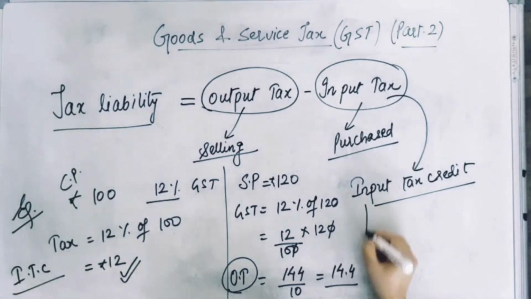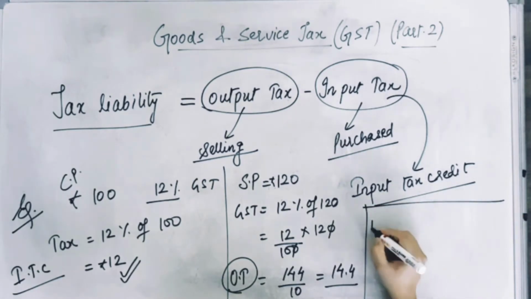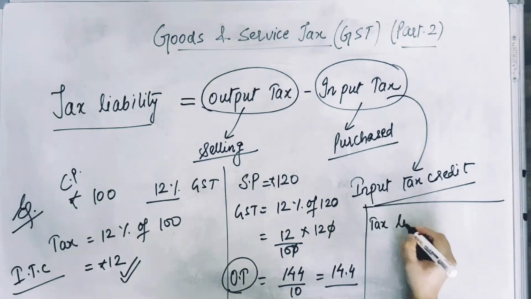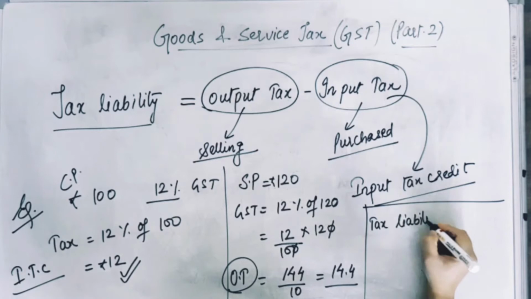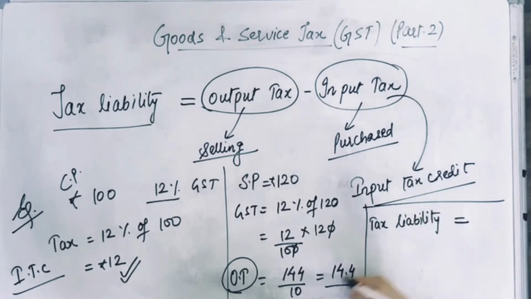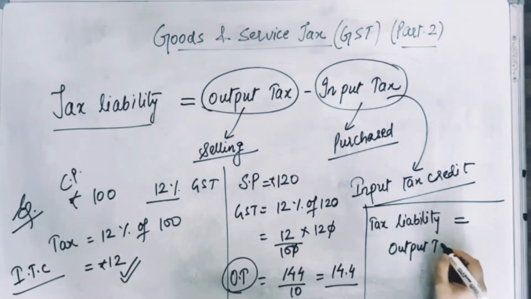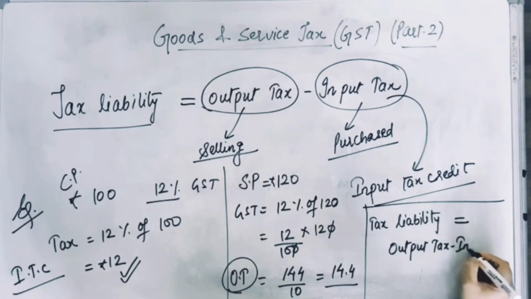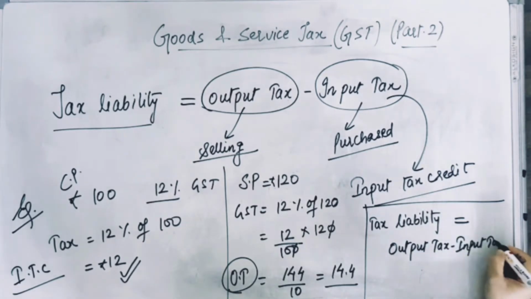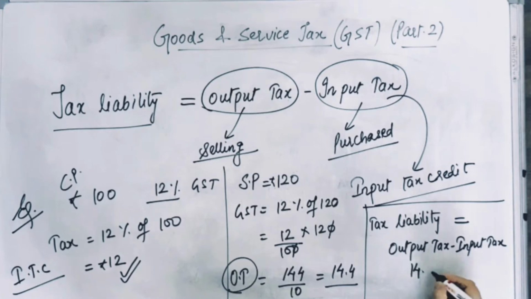So this tax I have already paid. So now what is my tax liability? That is how much amount now I have to pay as a tax. Because 12 is already paid, the difference I have to pay, so that is output tax minus input tax. So this will be 14.4 minus 12, thus it will come to be 2.4 rupees I have to pay.